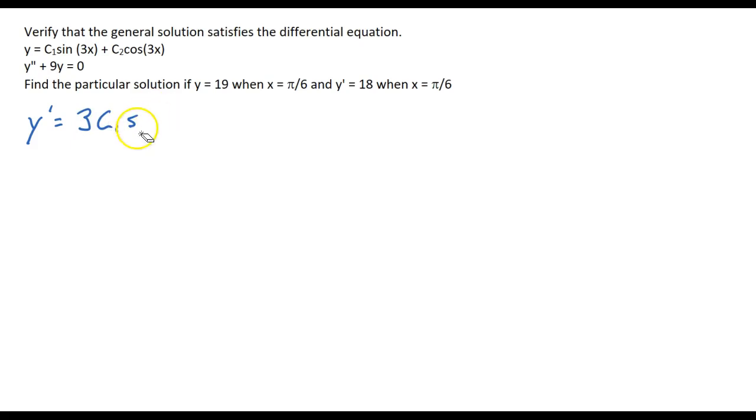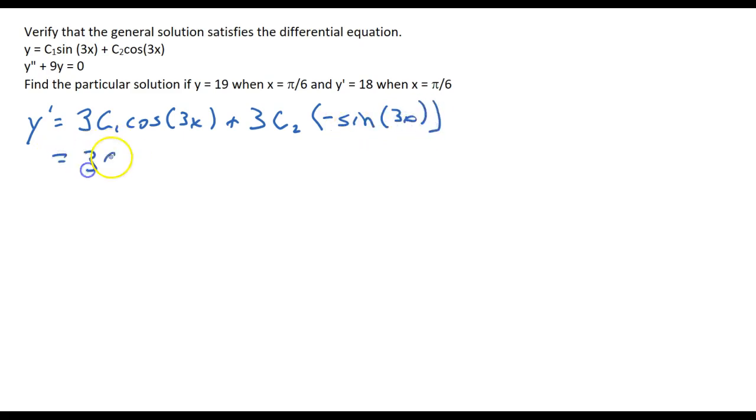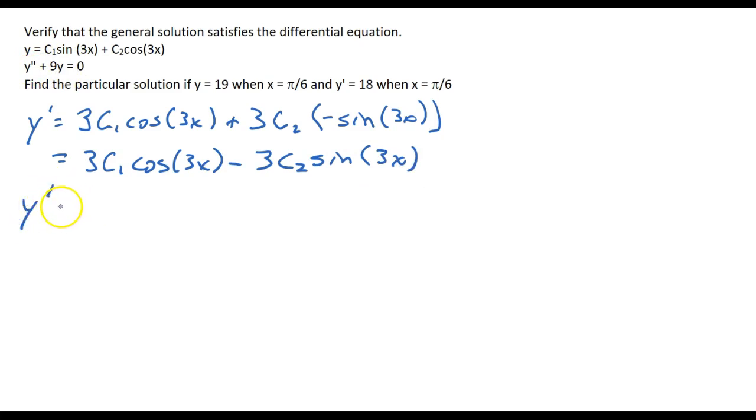Okay, and then I have to take the derivative of sine, which is cosine of 3x, plus 3c2, and the derivative of cosine is negative sine 3x, which gives me 3c1 cosine 3x minus 3c2 sine 3x. Now my differential equation has y double prime, so I'm going to take the derivative one more time.